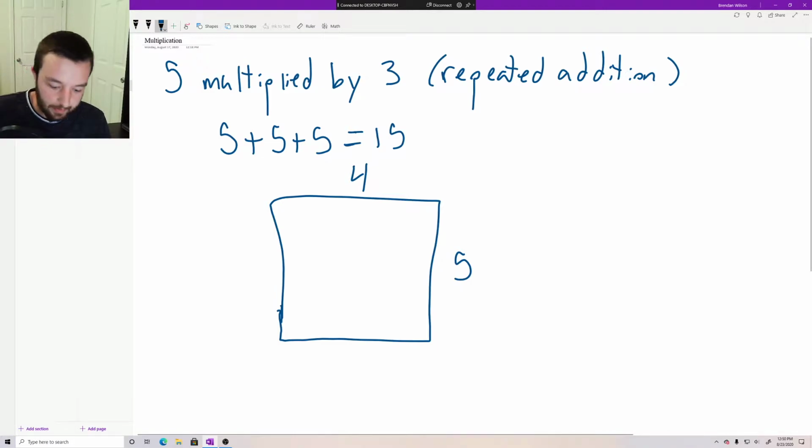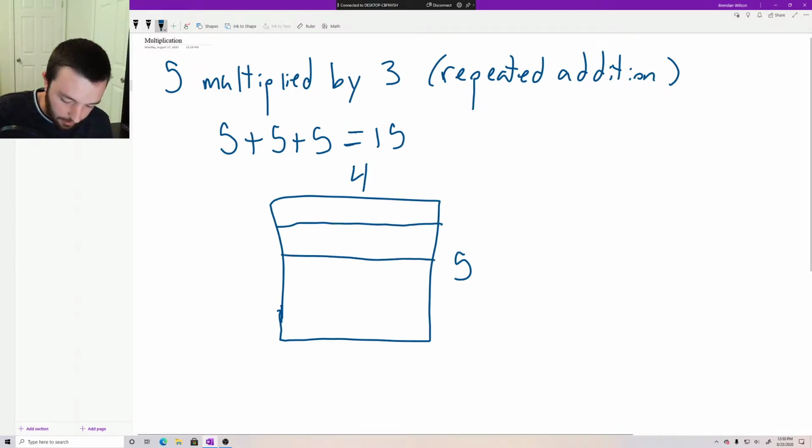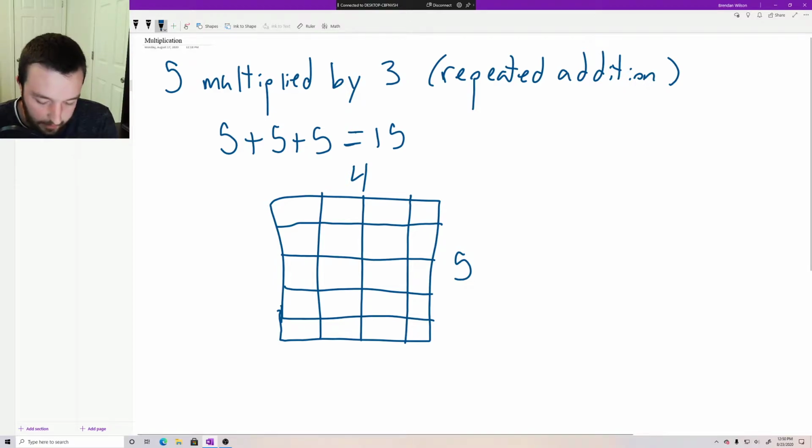If we draw boxes on this side, it's not exactly to scale, but say each has 1 unit of length on each side, like 1 inch.